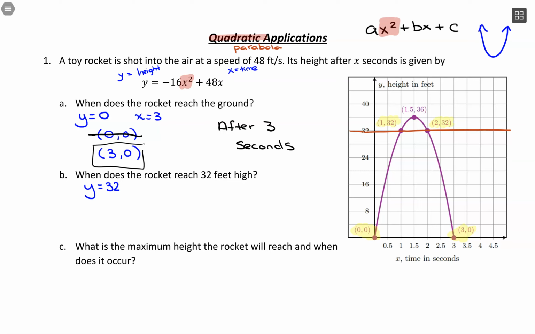So I have these two coordinates, and what this represents is two moments in time where we have this height of 32, which makes sense with this rocket being launched into the air because it's going to pass going upward past that 32 feet, and then it's going to turn and come back down and hit that height of 32 feet again. So there's two solutions to this. It's going to reach that height of 32 feet after 1 second and 2 seconds.